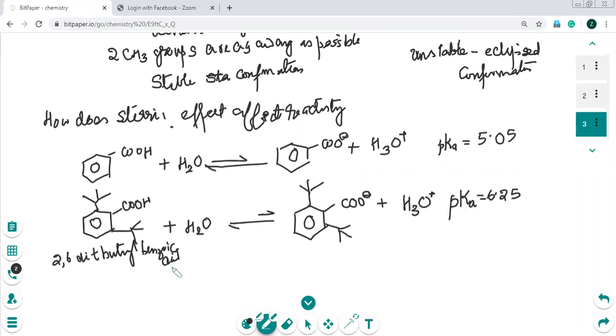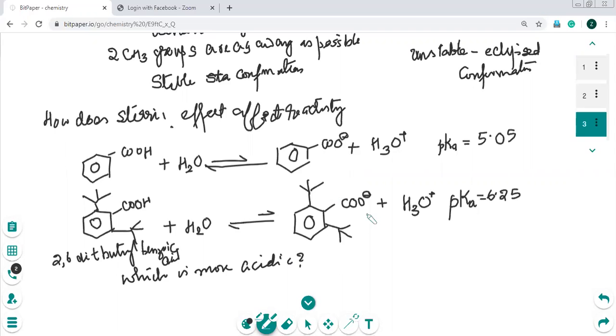What does it indicate? Which is more acidic?